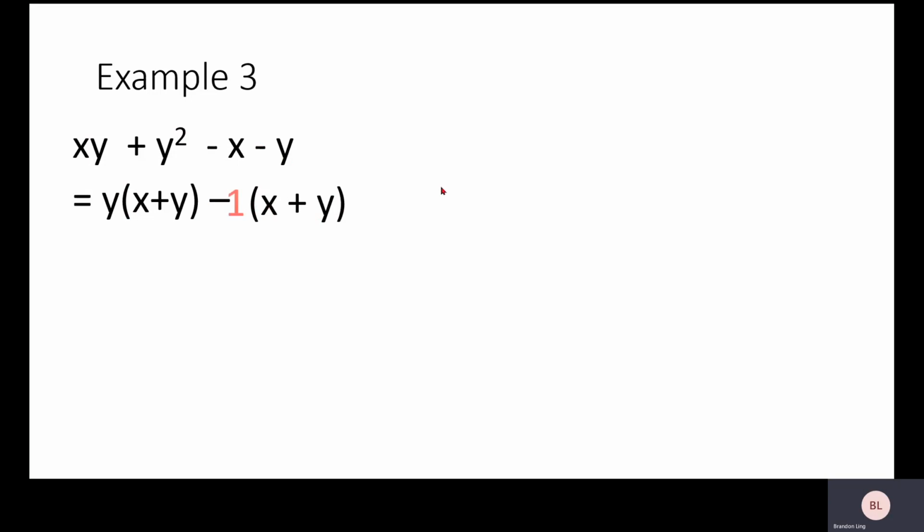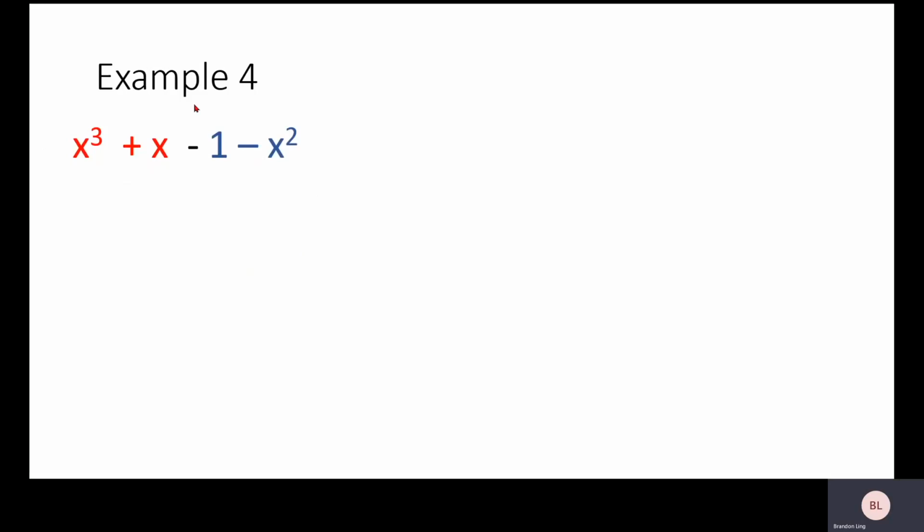So you can safely assume that there's actually a 1 here. Whenever you don't see a coefficient, you can assume there's actually a 1. The next step will be, you can pull out this x plus y, and therefore you can put y minus 1 in the second bracket.